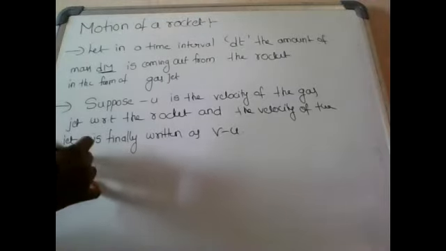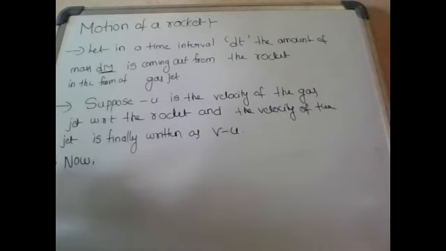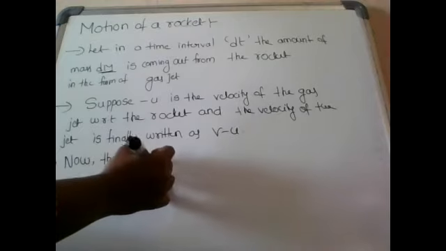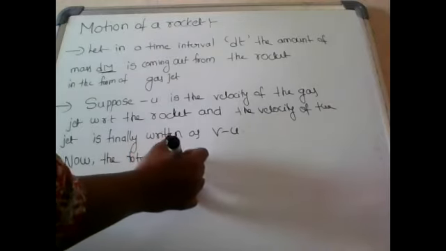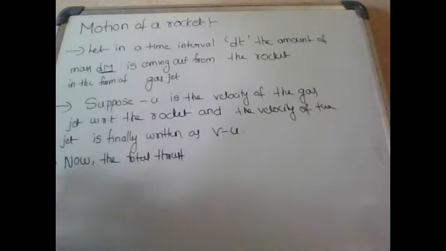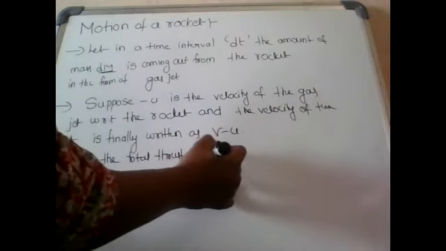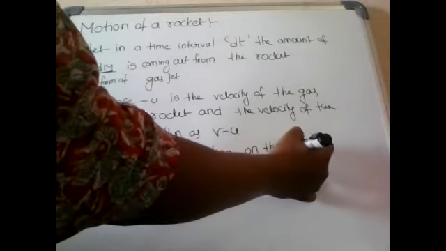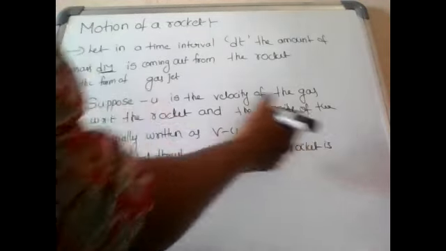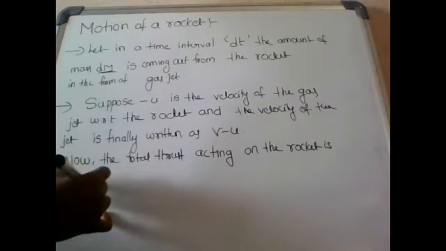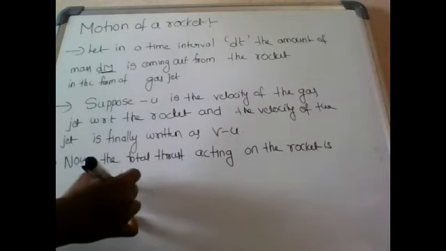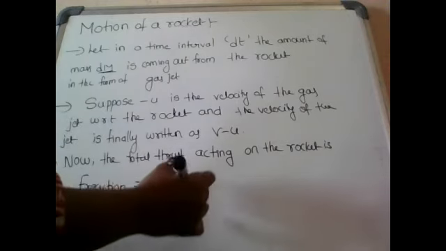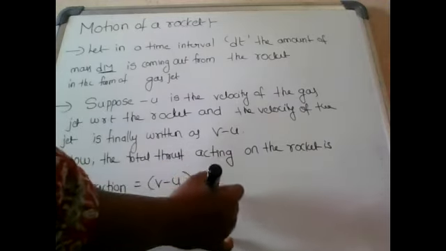Next, now the total thrust acting on the rocket is F reaction equal to V minus U dm by dt.